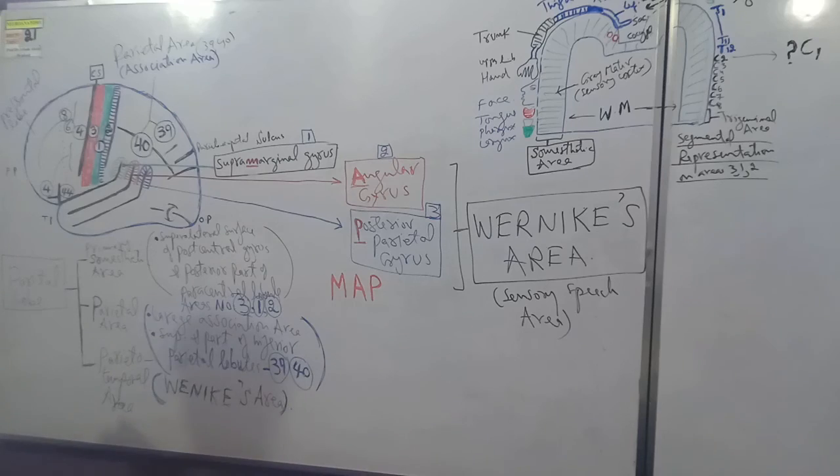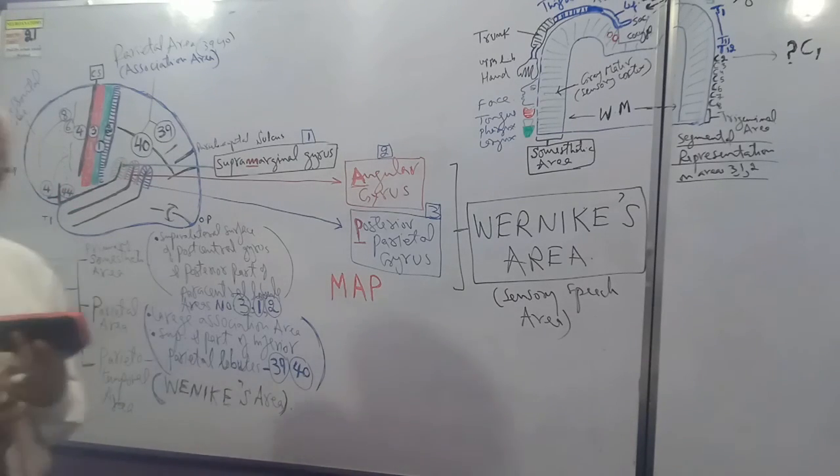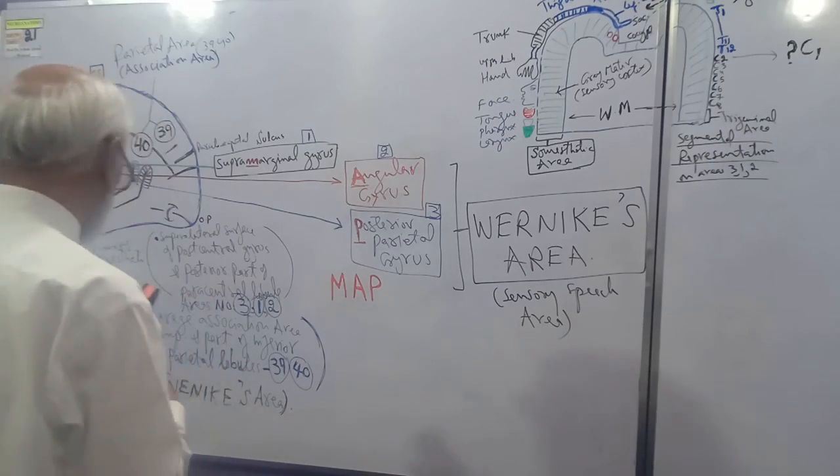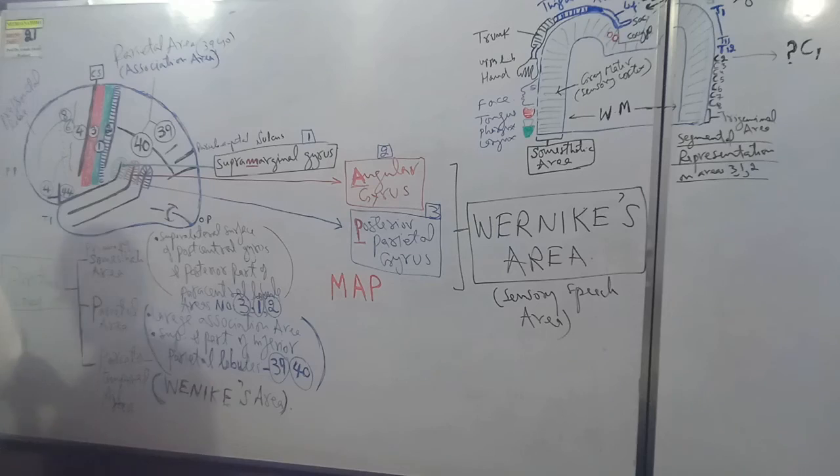You know the motor speech area, area number 44 or 45, on the supralateral surface of the frontal lobe, is Broca's area.